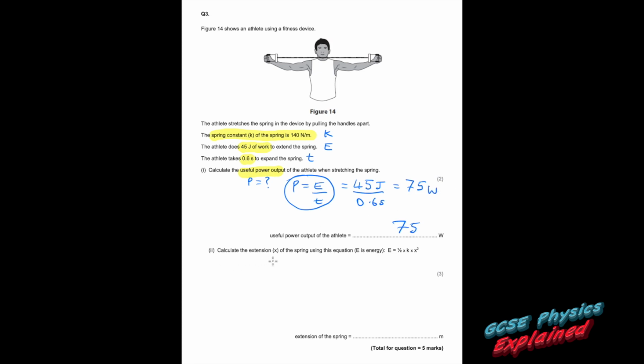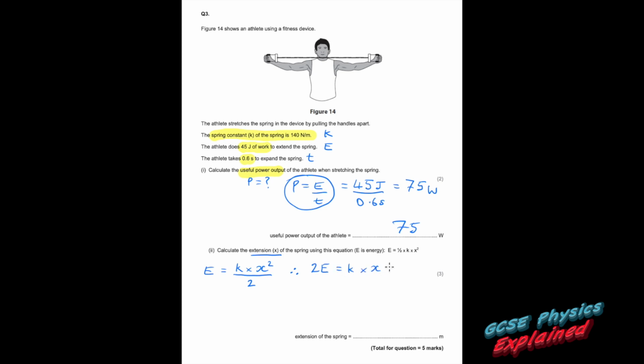Part 2. Calculate the extension of the spring using this equation. E is energy, so E equals a half K times x squared. If I know I'm rearranging the equation, instead of putting the half on the top, I prefer to say divided by 2. It just helps us to rearrange it. If I multiply both sides by 2, that'll cancel out the 2 on that side.